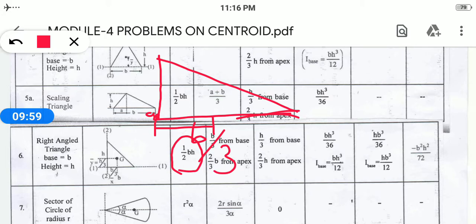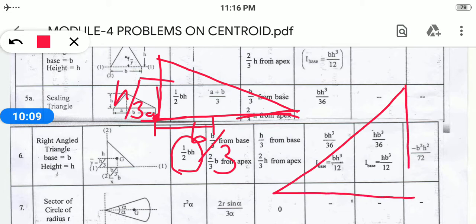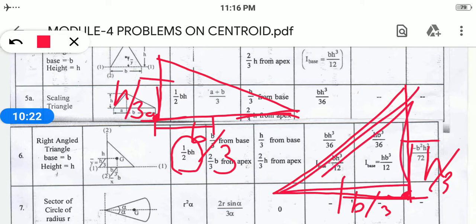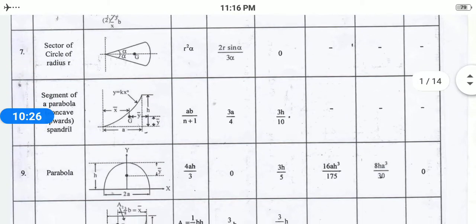Same like h by 3 from the base, that is from this corner, h by 3. This is from this side. Consider if your triangle is like this, from this corner this will be equal to h by 3, and from this corner it will be equal to b by 3. In our diagram, our triangle is in this position. So we are going to adopt this. Go to your problem now.